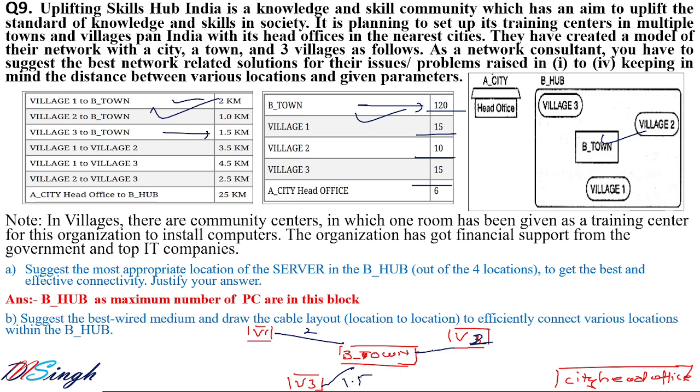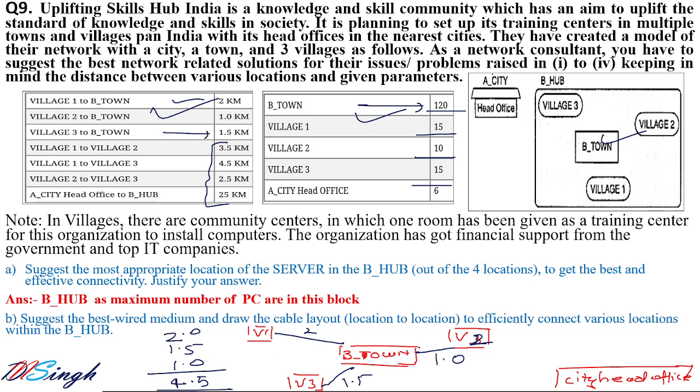Then B town to B2 we have like 1.0. Okay, fine. All others are greater than that, so we need not worry about it. So total cable requirement in kilometers is what? 2, then 1.5. Okay, and then we have 1.0. So we are going to have like 4.5 kilometers of cable requirement for making this cable layout.